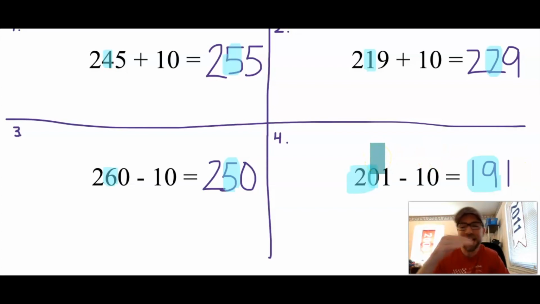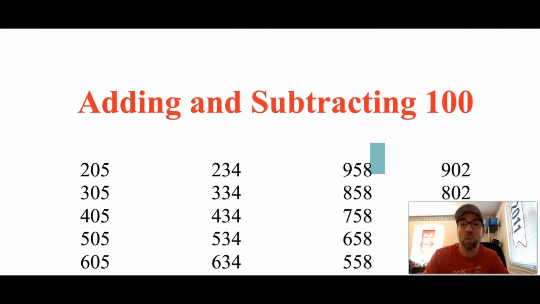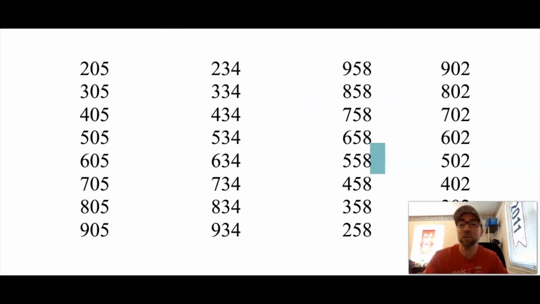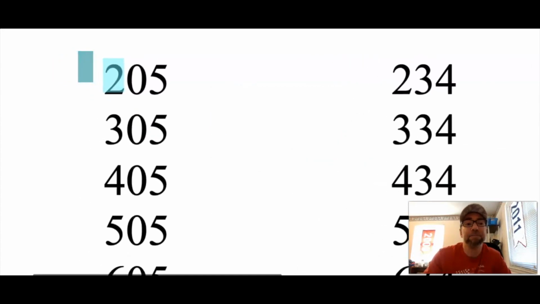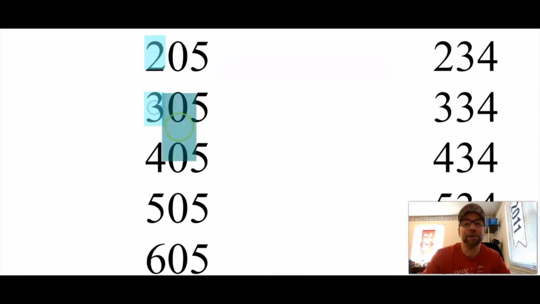Now, just like we can add or subtract 10, we can also add and subtract 100. But this time, our tens digit won't change. This time, the hundreds digit will change. Let's see. Here's 205. 205. 305. 405.